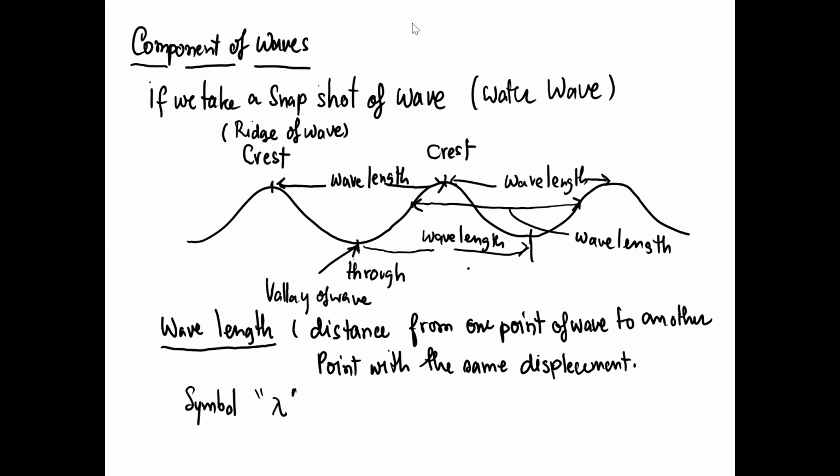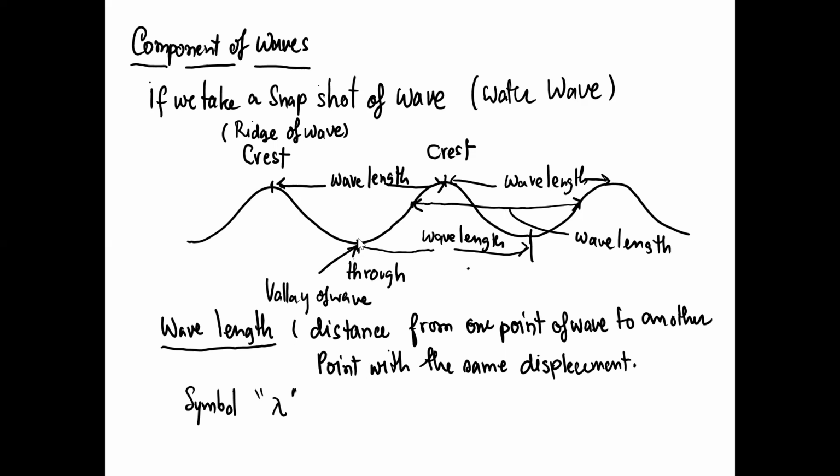Let's see some terms that are important in this matter. Suppose we have waves, maybe water waves along a pond. You see that it has a ridge or a crest, and a trough, which is the lowest point. The crest is the highest point.